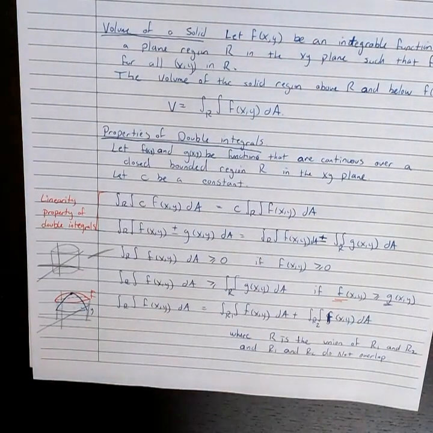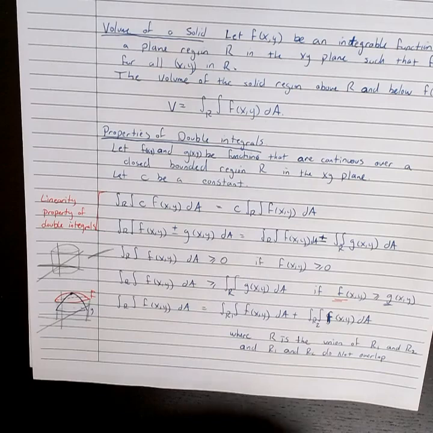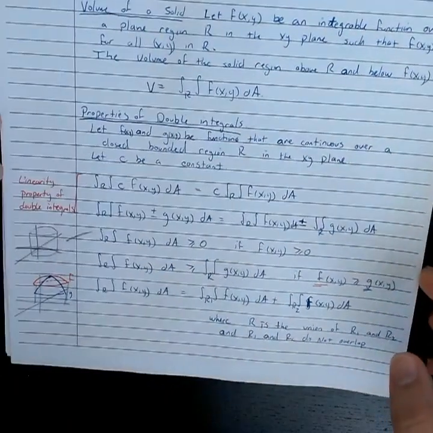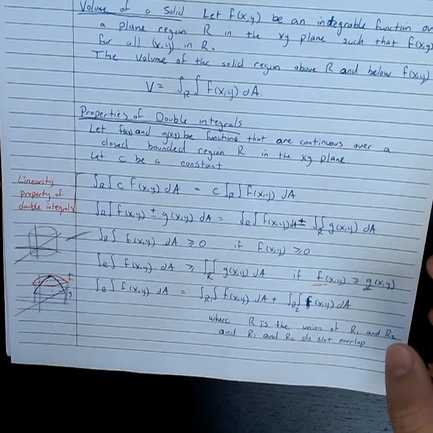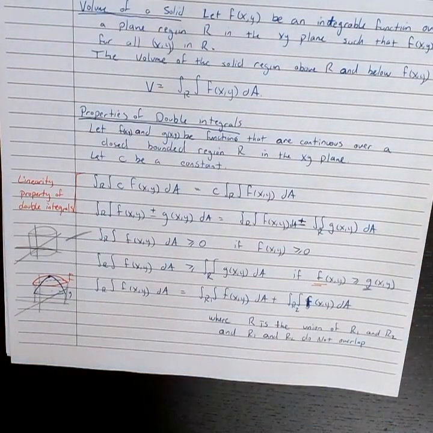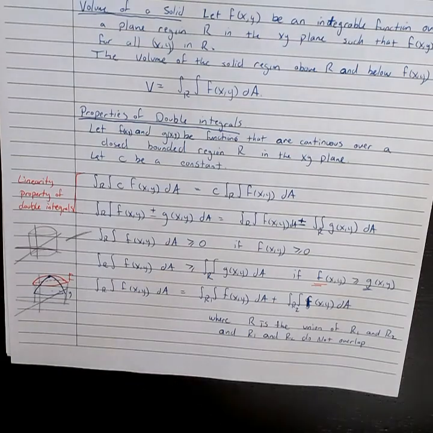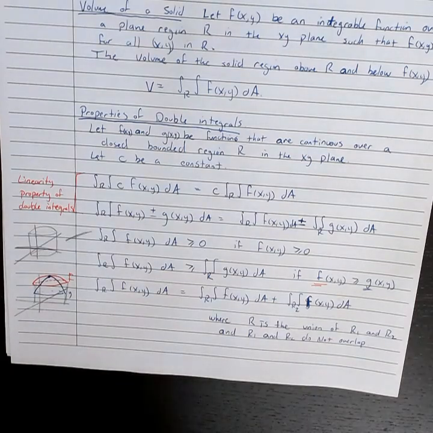Note that none of these are formal proofs. The formal proofs would require a lot more detail, but this is sufficient to understand what the properties are saying. The formal proofs would be covered in a class of analysis. Analysis is, for lack of a better term, like you're in Calculus 3 right now, and it would be like Calculus 5 or 6.